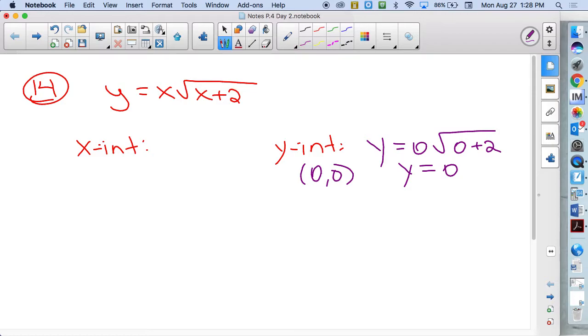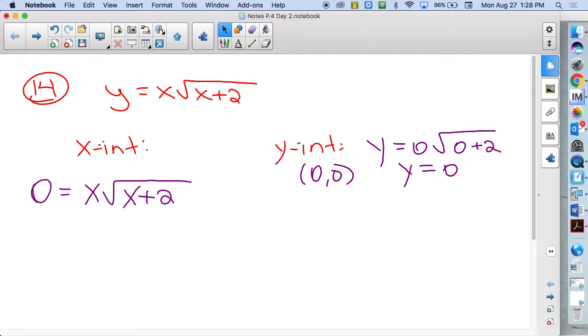So if we set this equal to 0 because the x-intercept is when the y is 0, we end up with x times the square root of x plus 2. How do you solve for x? Right? You divide by x on both sides. No! If you divide by a variable, then that variable vanishes and it's not there anymore.